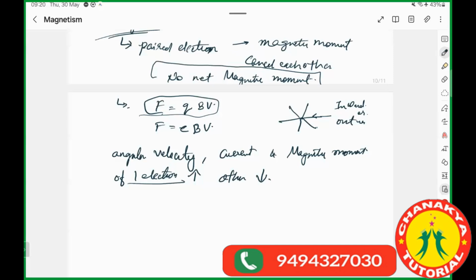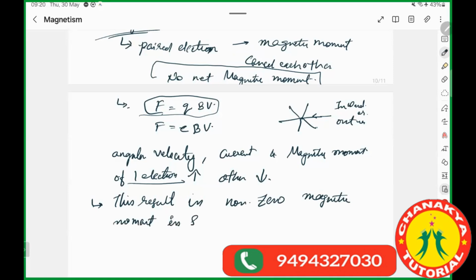So here we can say this results in a non-zero magnetic moment in the substance in the direction opposite to P.